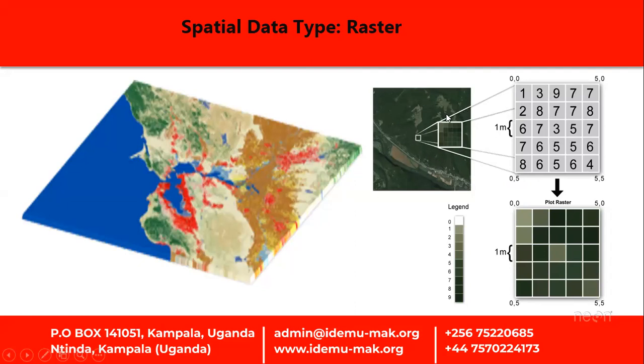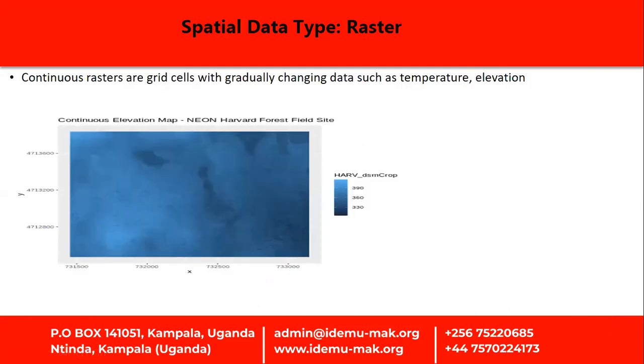The difference between raster data and any other pictorial or aerial photograph of a location is that for raster data, there are coordinates behind it, and these coordinates explain something about that particular raster data. Raster data is stratified into two forms: continuous raster data and discrete raster data.